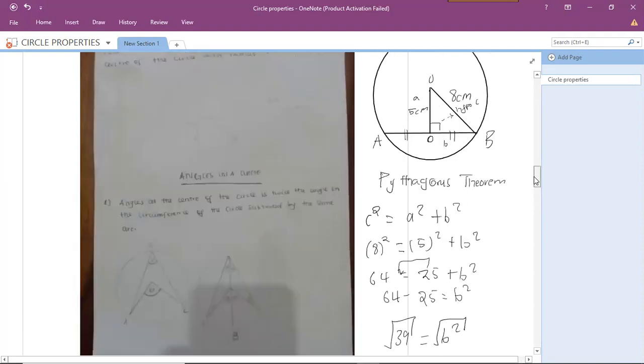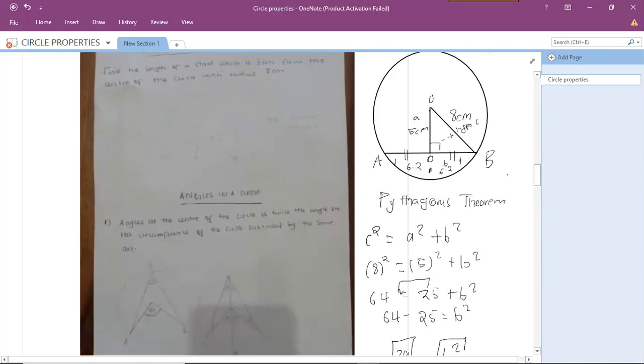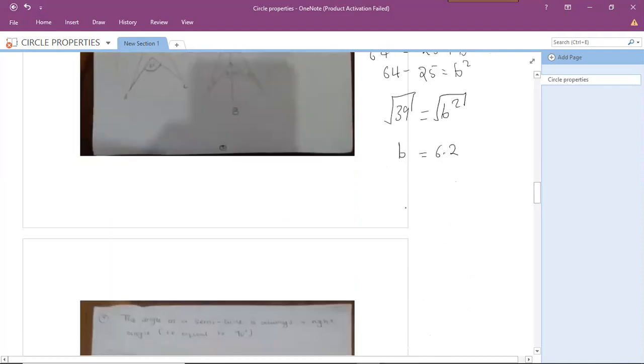So meaning the distance from there to there is 6.2, meaning it's the same distance as there to there, which is also 6.2. The question said find the entire length of the chord, meaning the distance from there to there. So we can just say 6.2 plus 6.2, we're going to get 12.4, or multiply by 2.